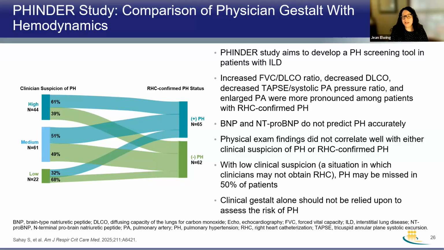And they found that even in patients we had low suspicion for pulmonary hypertension, about a third of them had confirmed pulmonary hypertension by right heart catheterization.